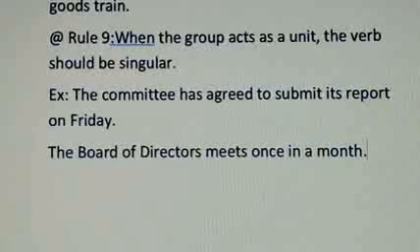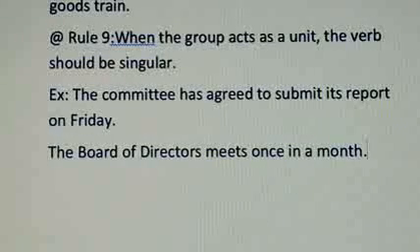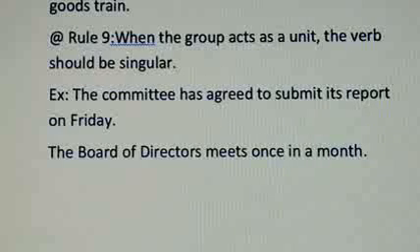Okay, it means, my dear students, in both the examples you can see, in the first example the subject was committee, in the other example the subject is board of directors. Both seem as a group of people that performs as a single unit. Okay, that's why the verb applied in both of the sentences is similar, right?